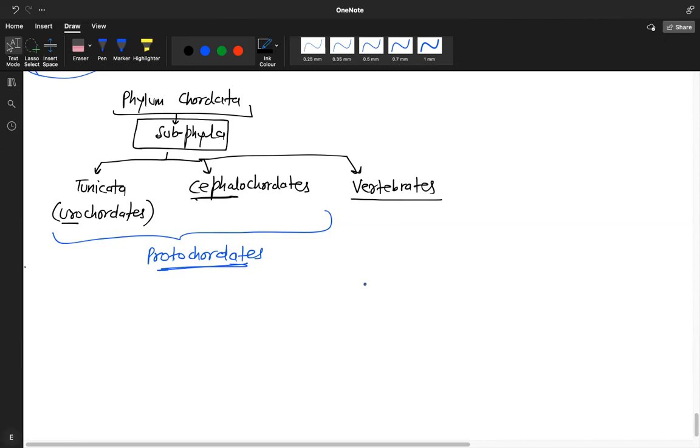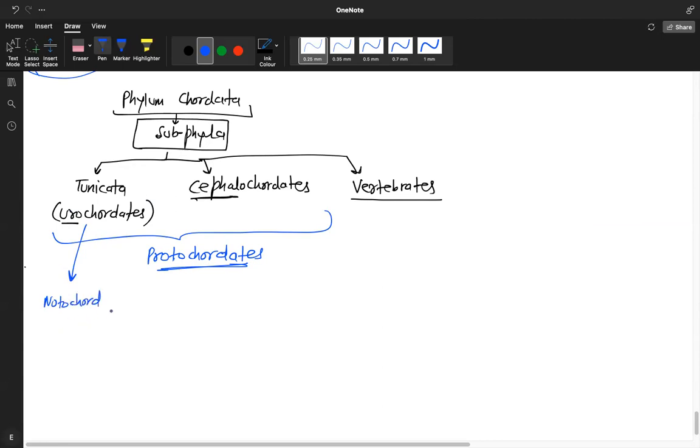Yes, sir. Okay. So similarly, in chordates also, if they are chordates, they have a notochord. No question in that. But in urochordates, the notochord is present only in the larval tail. So in urochordates, which is tunicata, write down: notochord is present.